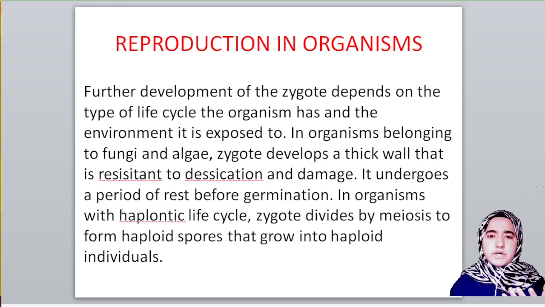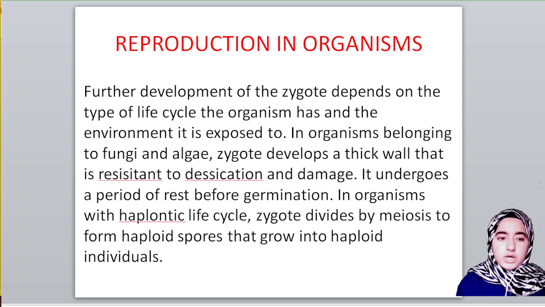In internal fertilization, the zygote lies inside the organism, so it's almost completely safe, compared to those organisms in which fertilization takes place outside the body, because they are most vulnerable to predators. If we talk about humans, since the zygote is inside the womb of the mother, it is very safe as compared to those organisms in which fertilization takes place outside the body. Great.